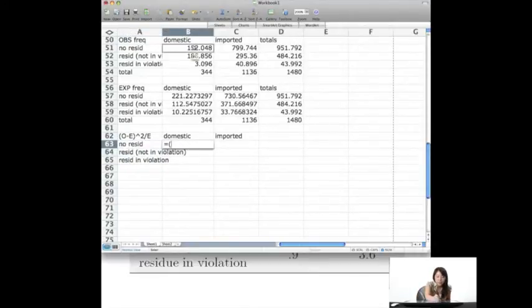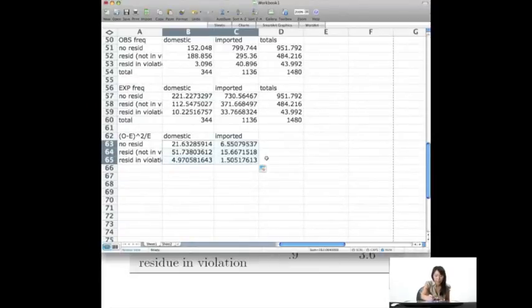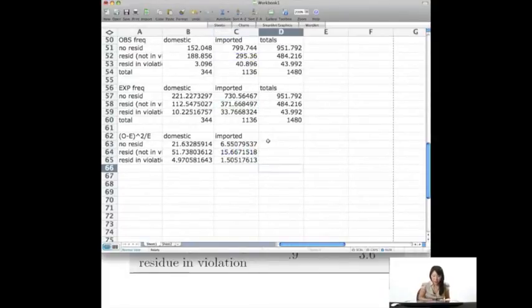So observed frequency minus expected frequency squared divided by expected frequency. And just going to copy and paste all that. Let's check one of these. This one says the observed frequency minus expected frequency squared over expected frequency. And when we add all of these up, we get 102.